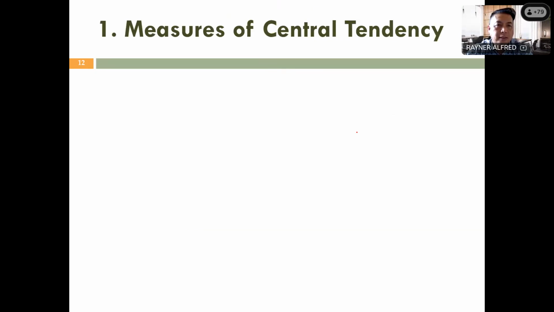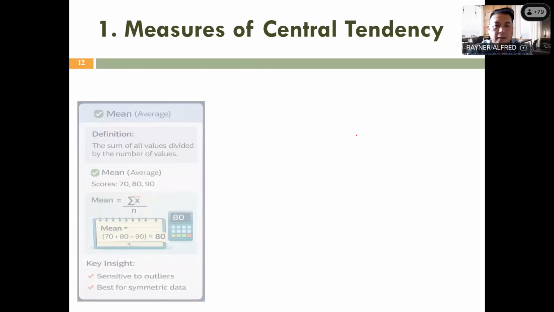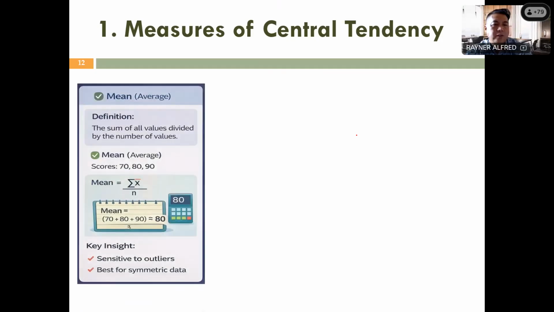Okay, the first one is how do we measure the center of the data. Normally we can use the mean. Okay, mean is just the average. So we sum up all the values divided by the number of items that we have. This is sensitive to outliers because, for instance, if you have an outlier of 150 here, okay, so this is the outlier.